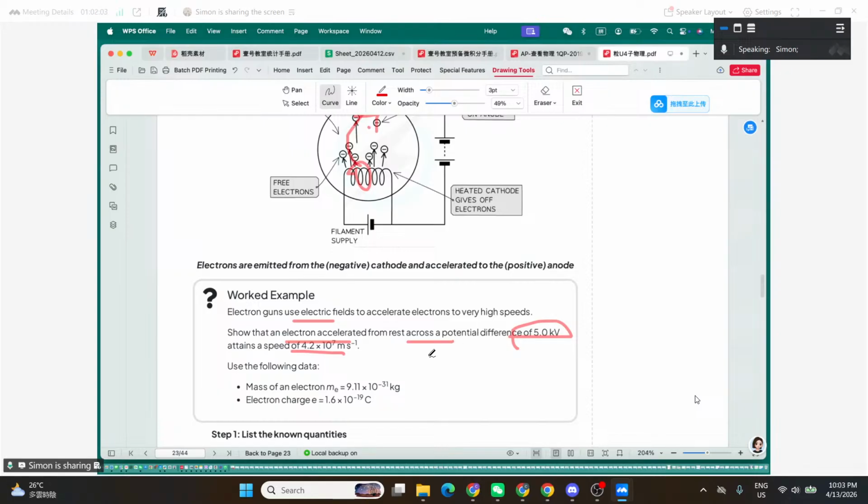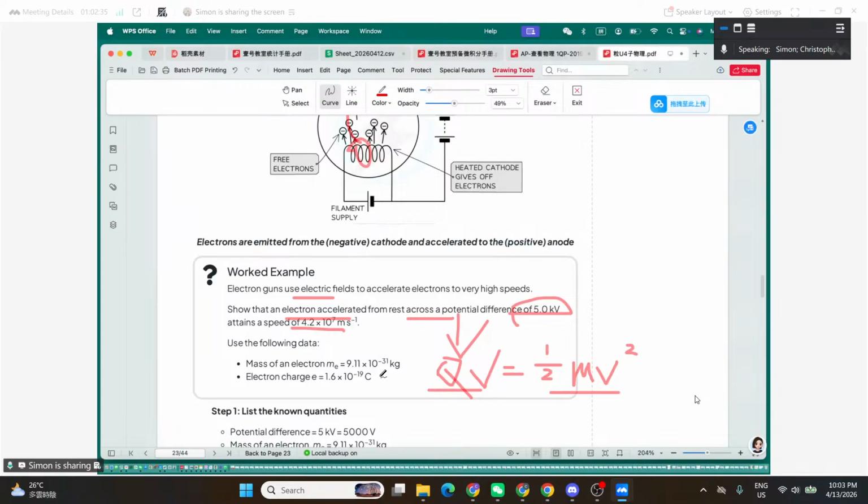The electrical energy is transferred into kinetic energy. The formula for the electrical energy is QV, and this equals the kinetic energy. The electrical energy transfers into the kinetic energy, no problem.